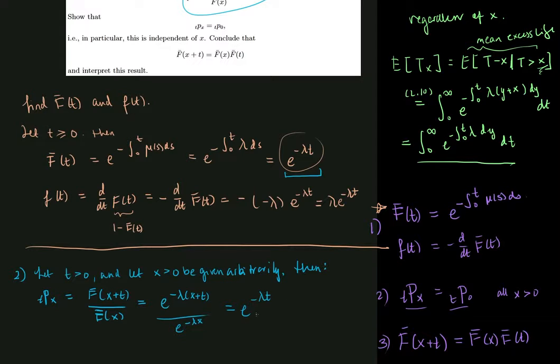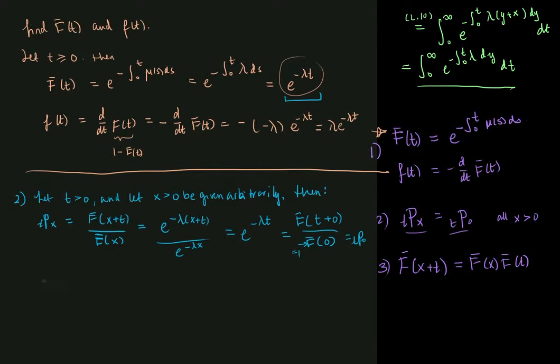In fact, this is indeed equal to the probability of survival for the next t years, given that you are 0 years old, since the survival function in 0 is equal to 1, right? So this is equal to tp0, which was exactly what we needed to show.